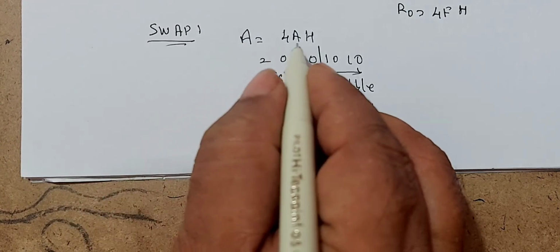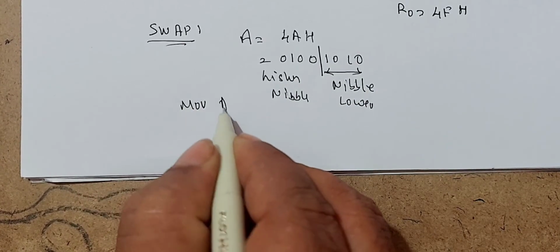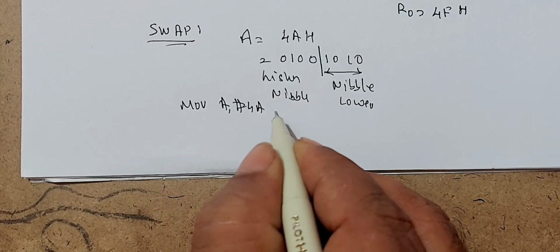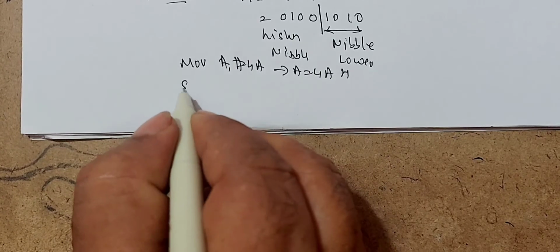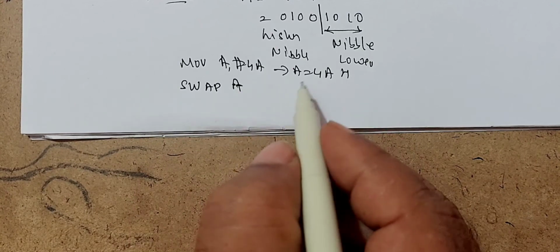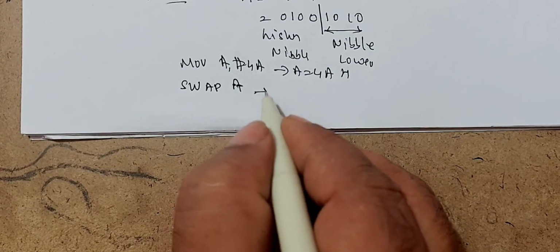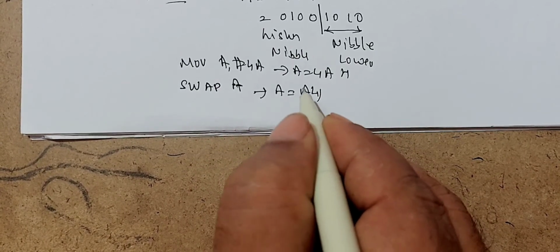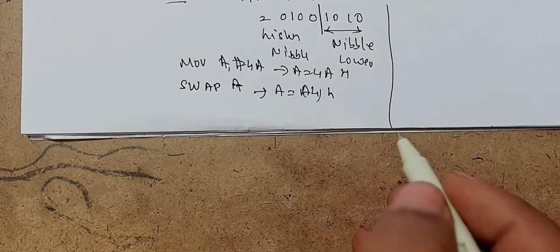Example, I will load MOV A, #4AH, so A equals 4AH. Now I write SWAP A. The lower nibble is A and the higher nibble is 4. These two are exchanged. Therefore, now A becomes A4H. So swap only exchanges the lower nibble and the higher nibble.